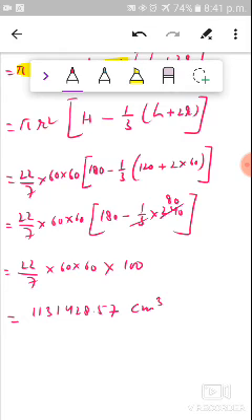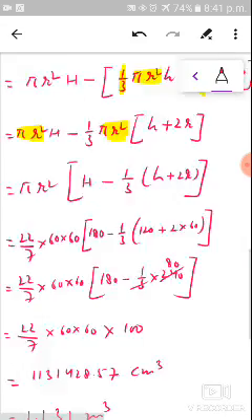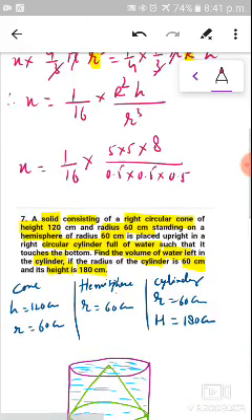Which we can write as approximately 1.131 meter cube. Okay, this is how we have calculated the question.